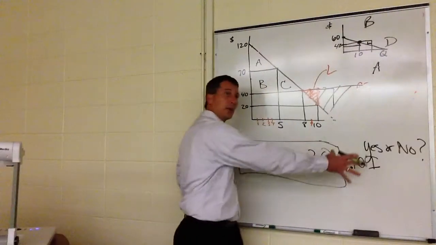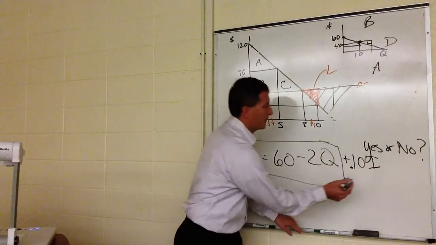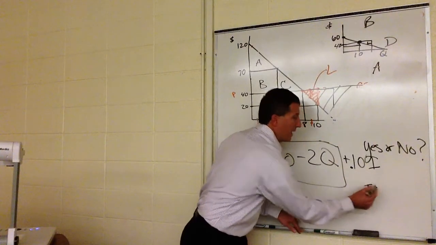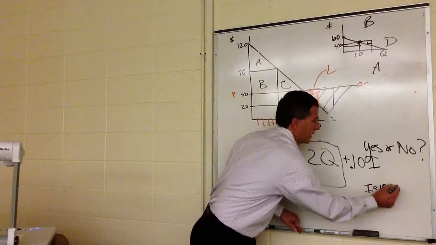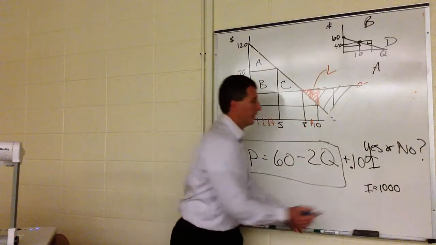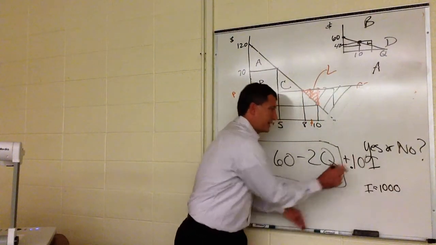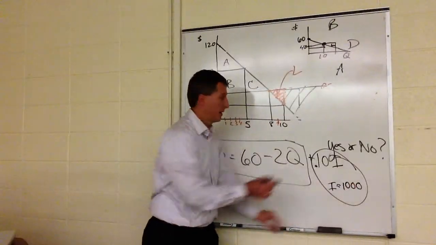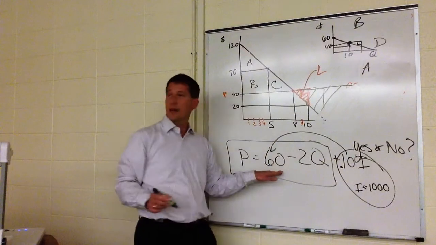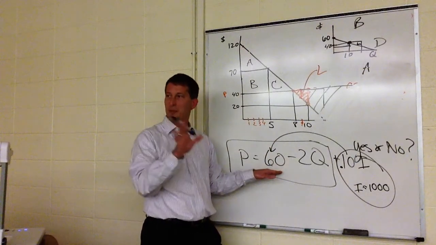So there's the real equation. But what we've done is we've held constant our income of $1,000 a week, then 1,000 times 0.10 is 100. This becomes a number, and it's embodied in that. See what I mean? It kind of disappears.